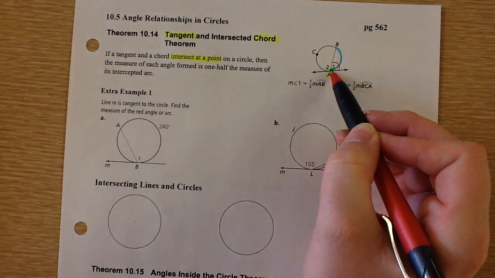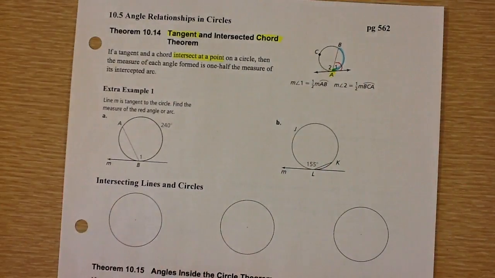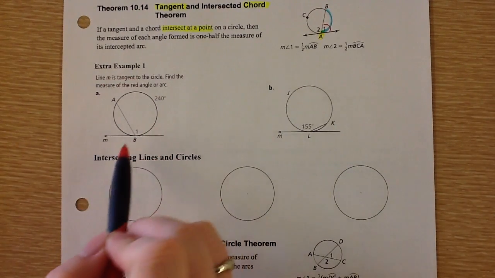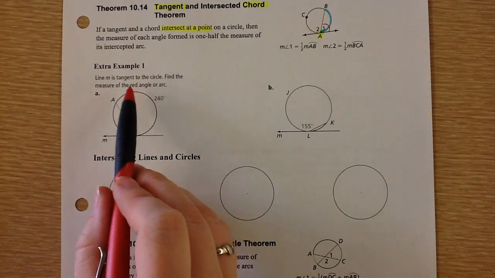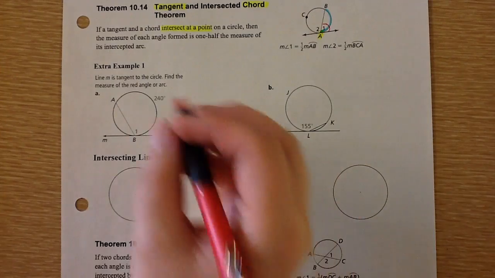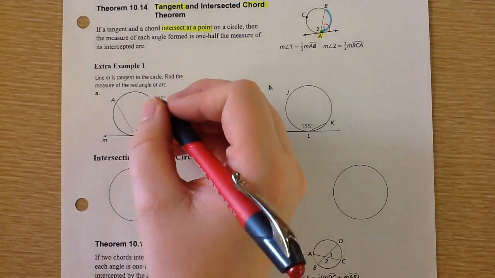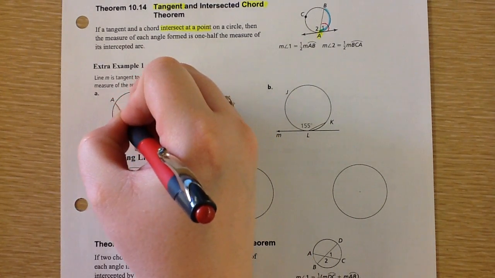Okay. So to use that, here in extra example 1, line M is tangent to the circle. We want to find the measure of the red angle, this one right here.